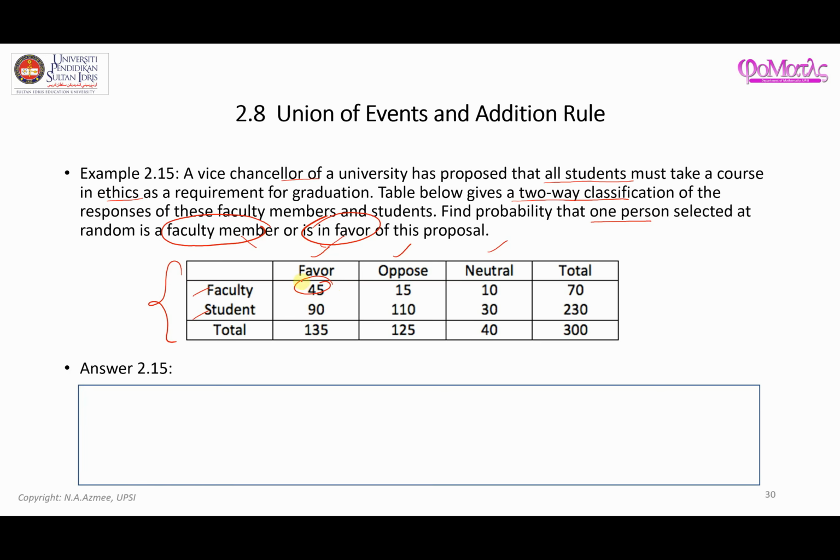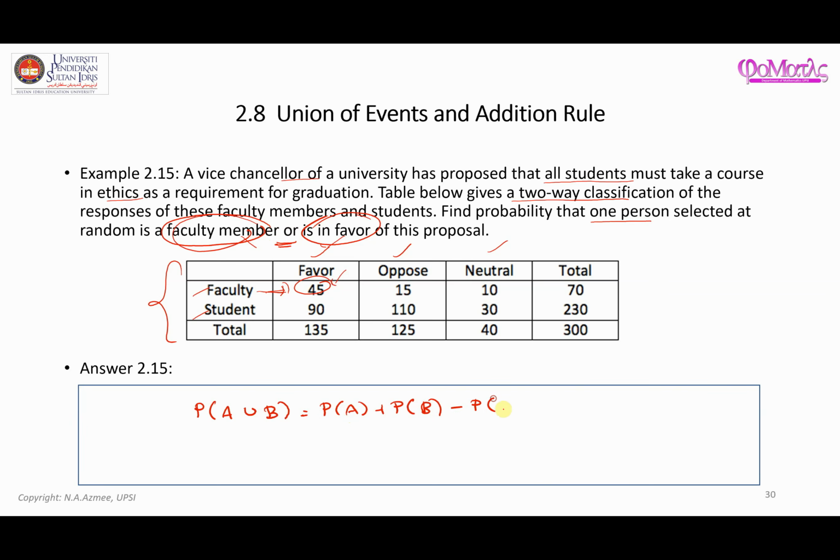So this is the intersection area. We've got some faculty members that are also in favor of the proposal, and therefore in order to find the probability of a random person being a faculty member or in favor, then we have to apply this very simple formula which you have already seen.